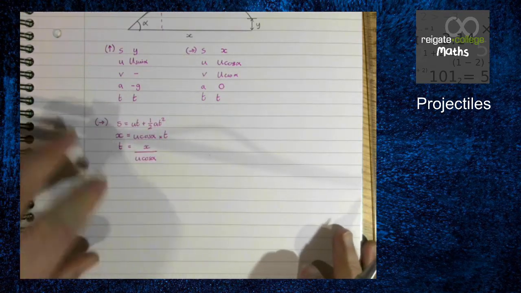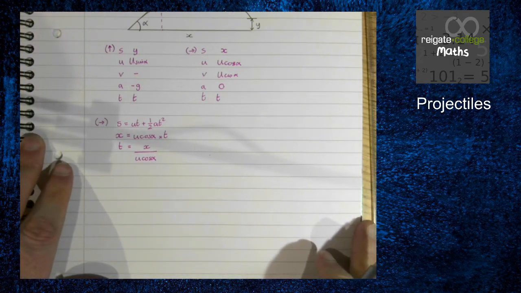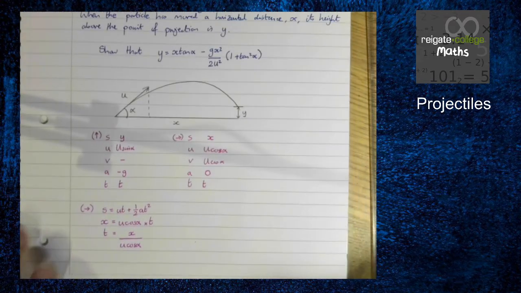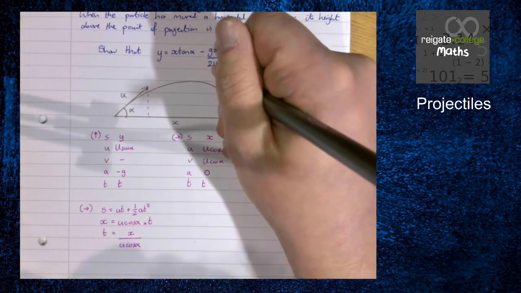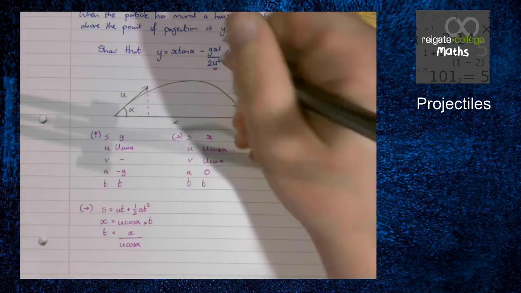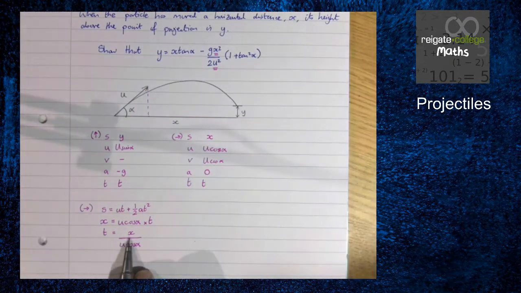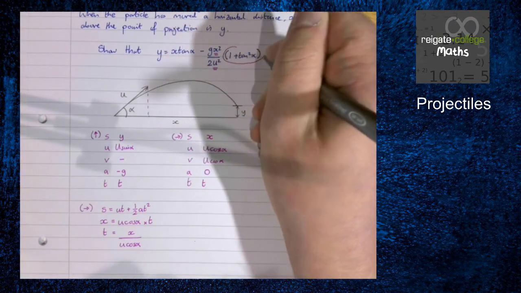Now this doesn't look very pleasant, but this is where trusting your algebra comes in. Because if we look at what we're trying to get to, we've got u on the denominator of a fraction. We have x in the numerator of a fraction, and we've got some horrible thing with trig.